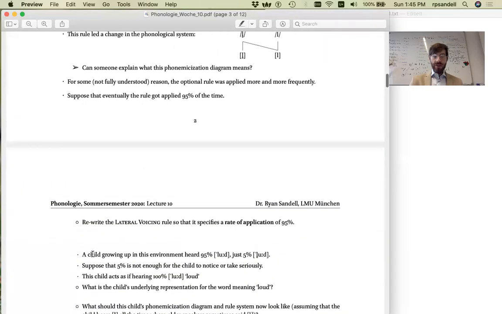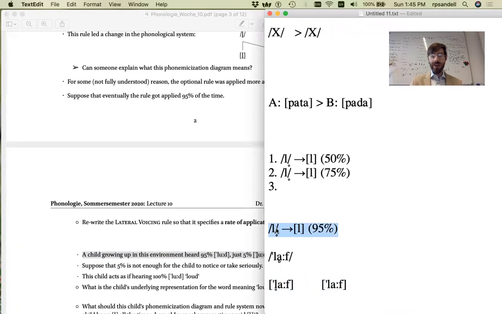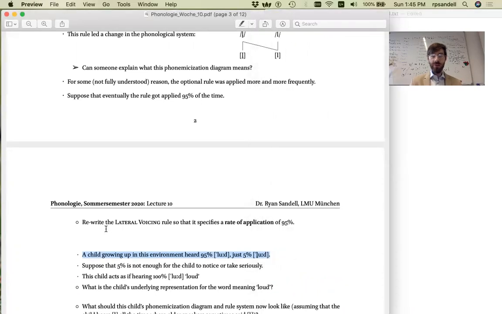Now, if we imagine then that, say, a child growing up in an environment in which this rule of lateral voicing was applied 95% of the time, and the child heard 95% of the tokens of the word for loud, lud, with a voiced lateral approximant, and only 5% of the time with a voiceless lateral approximant, maybe it could be possible at that point that the child would no longer notice or take seriously the evidence of a voiceless lateral approximant. Maybe the child could assume that those could be speech errors, simply noise in the data.